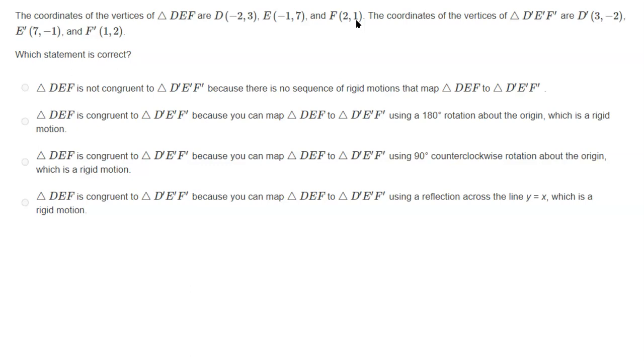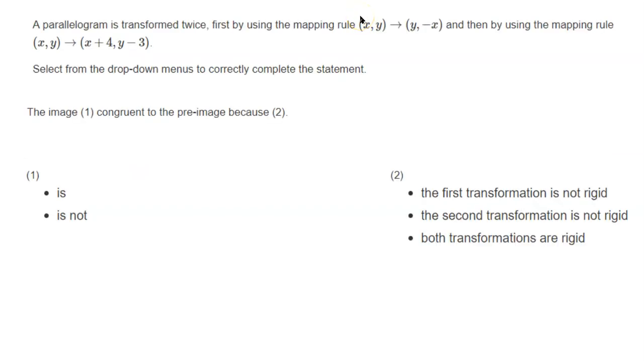I highly suggest you get out those rules of transformation that we learned about in our lesson and that we've been taking snippets of to answer this question. Next question. A parallelogram is transformed twice.